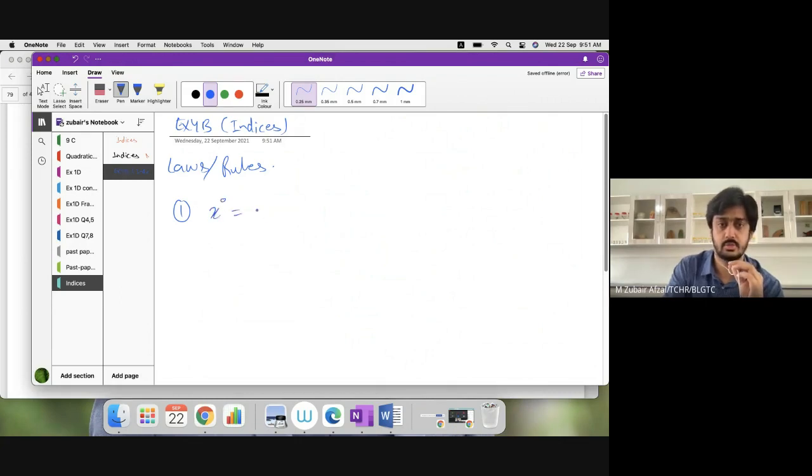So when x is raised to power 0, answer is 1. Examples: 17 raised to power 0, answer is 1. Another example: 793 raised to power 0, answer is again 1.